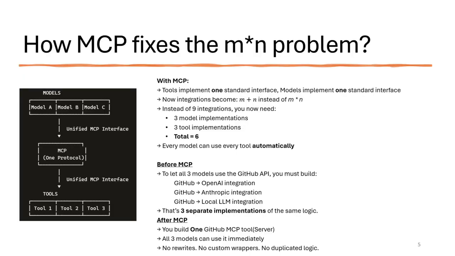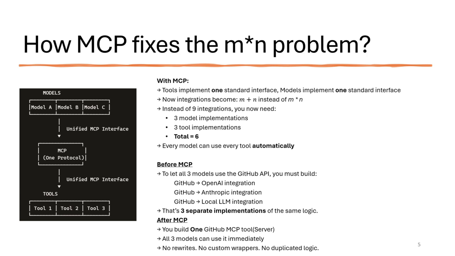So how does MCP fix the problem we just discussed, the many-to-many problem? With MCP, you implement one standard interface, one for the model and one for the tool. So instead of multiplying, you are essentially adding. In my example, before MCP, I had to write three different pieces of code: one for GitHub to OpenAI, one for GitHub to Anthropic, and one for GitHub to local LLM.